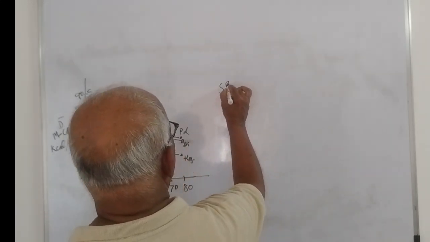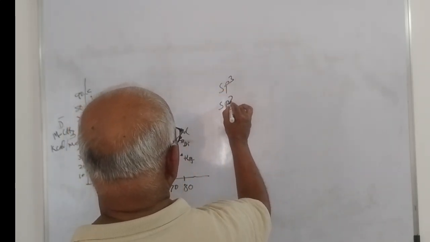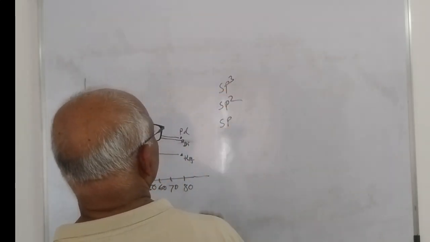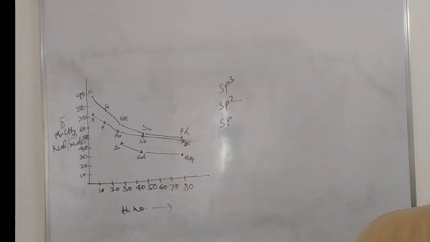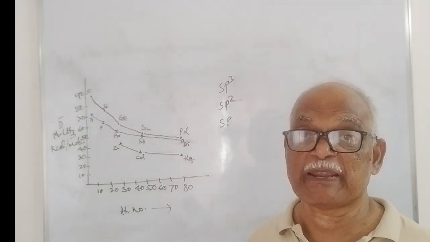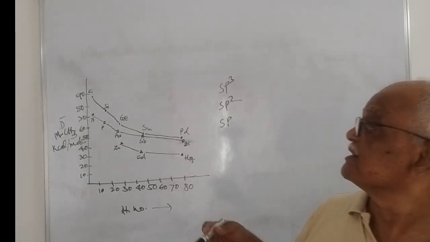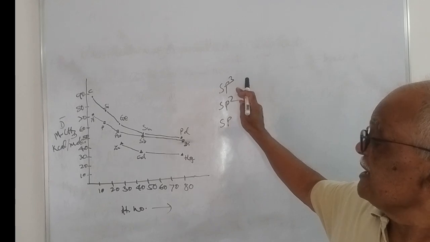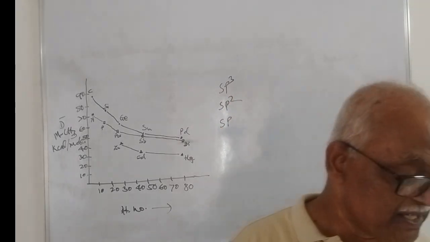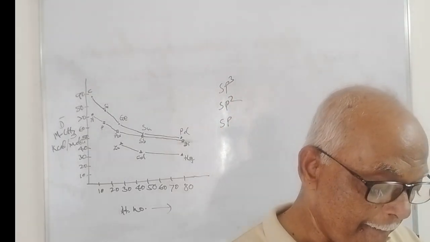They give sp3, sp2 and sp hybrid orbitals because the atoms are very small and there is not enough space to accommodate the s and p orbitals, that is the 2s and 2p orbitals.